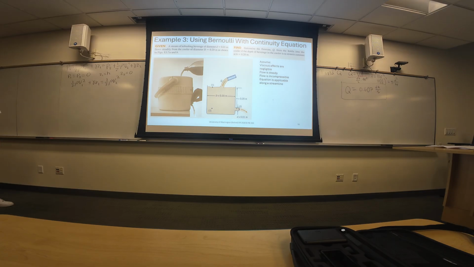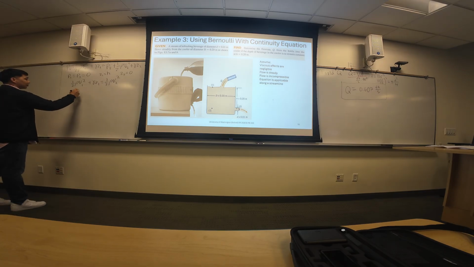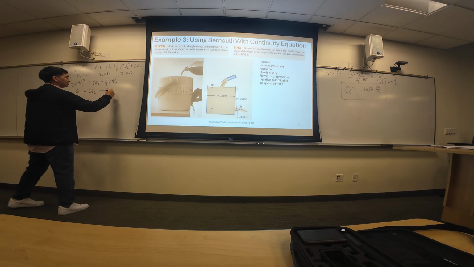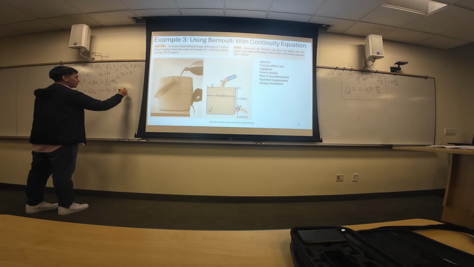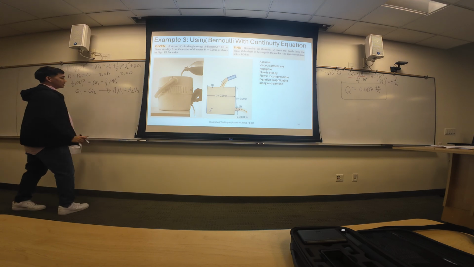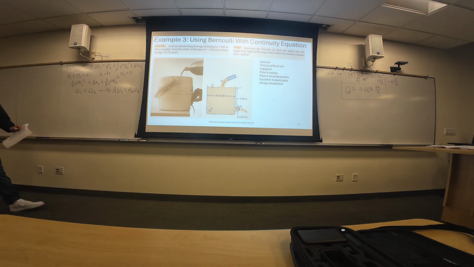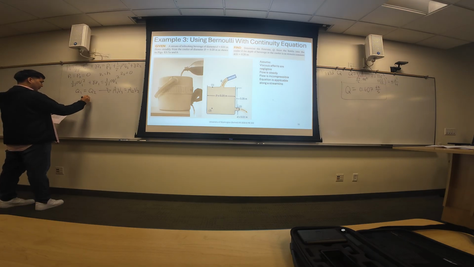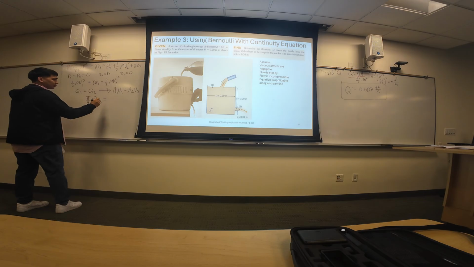So you have Q1 equal to Q2, that equals A1 V1 equals A2 V2. We already defined our area equation over there, pi d squared divided by 4. So we're going to have pi over 4 big D squared V1 equals pi over 4 little d squared V2.